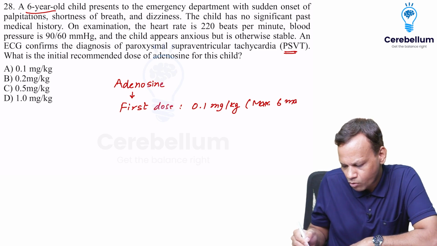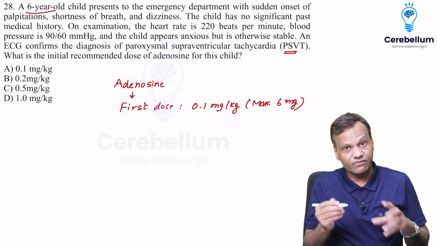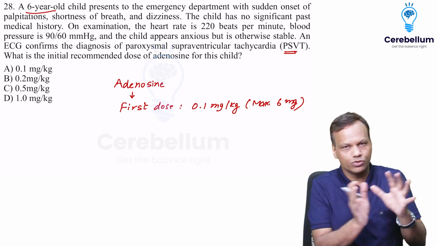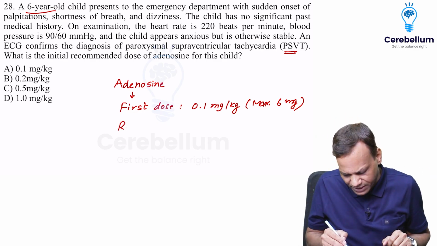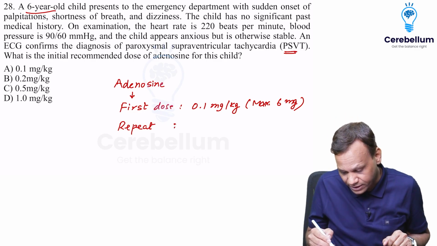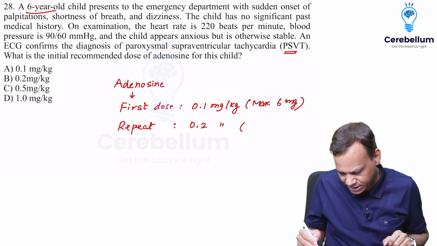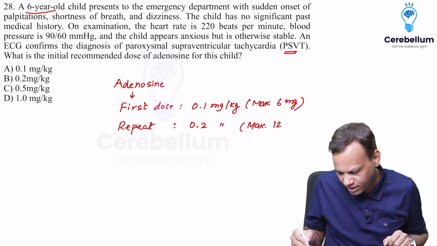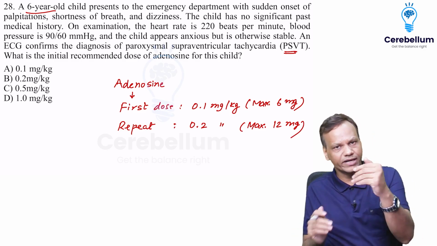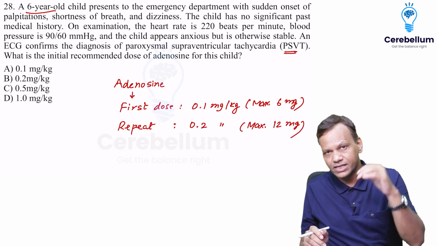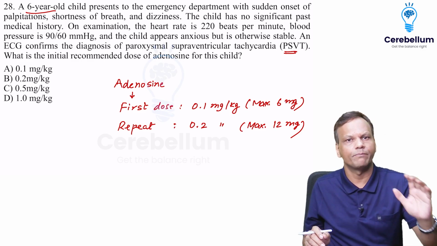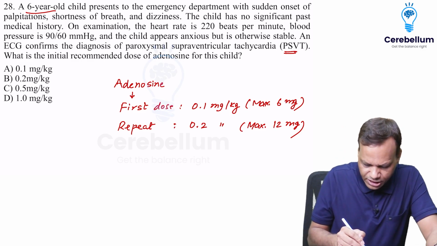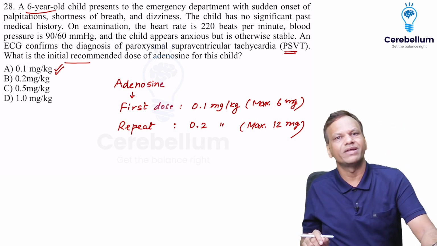We will not give more than 6, and we give it IV. But if a repeat dose is required because the first dose is not able to correct it, the repeat dose is higher. It is 0.2 milligram per kg with a maximum of 12 milligram. In adults, it is directly 6 milligram, then 12 milligram. In children, it is 0.1 or 0.2 milligram per kg. The answer here, the initial recommended dose, is 0.1 milligram per kg.